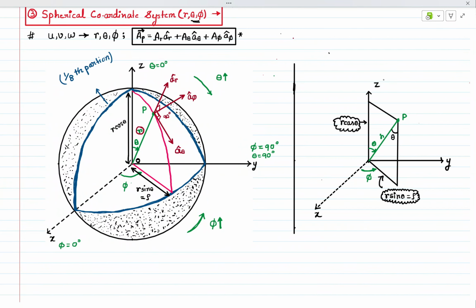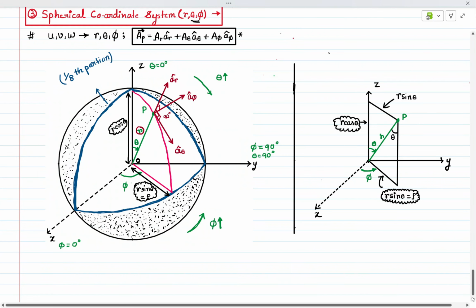Now, this is also r sine theta, right? Because these two are parallel lines, right? I think now you have understood why r sine theta equal to rho has been written over here, and r cos theta has been written over here. This is the same portion that I have written over here. Now, I think you have understood all these points very carefully.